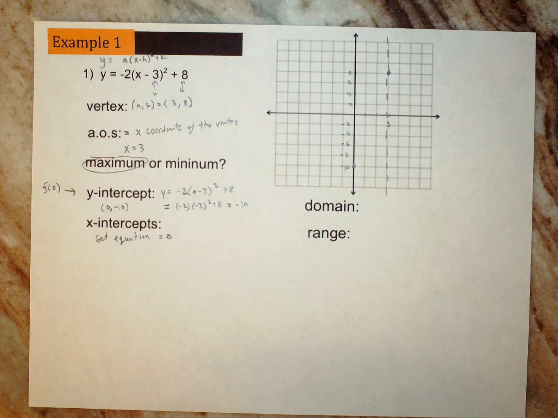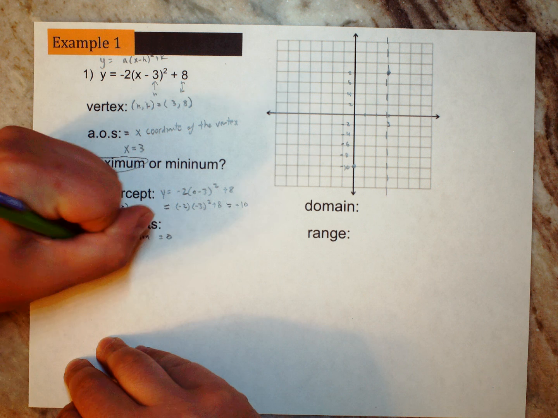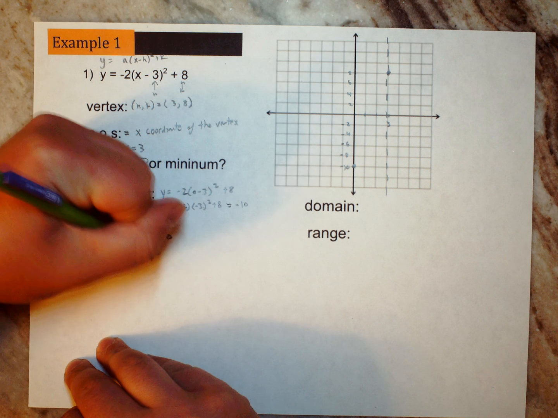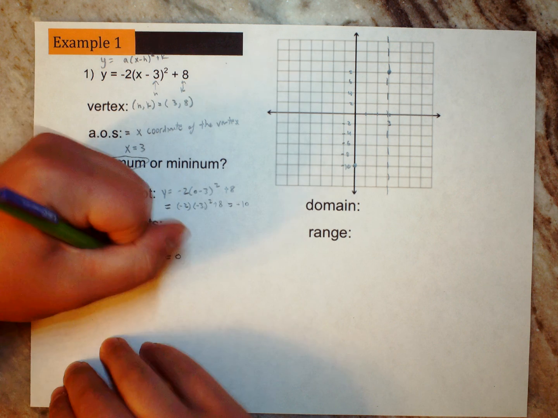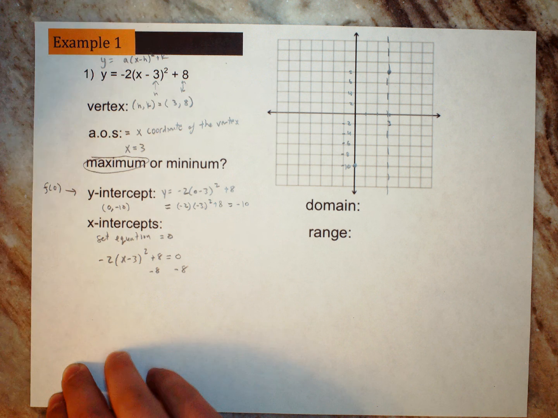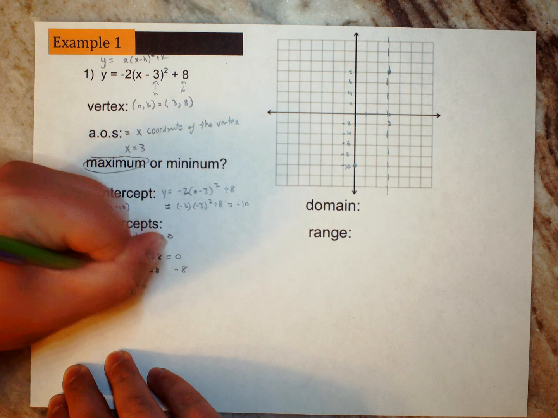So our x-intercepts, set the equation equal to 0, -2 times x minus 3 squared plus 8 equals 0. So first thing I'm going to do is I'm going to minus 8 on both sides. Then we're going to have -2 times x minus 3 squared equals -8.